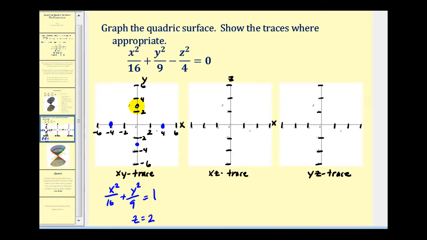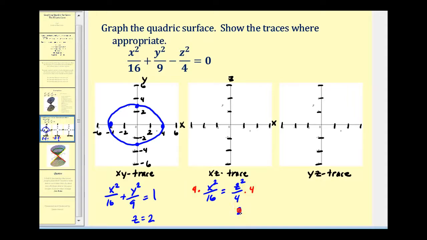To determine the xz trace, we'll set y equal to 0. So we'd have x squared over 16 plus 0 minus z squared over 4. I'm going to go ahead and move this to the right side of the equation, so we'll have equals z squared over 4. Now I'm going to go ahead and solve this equation for z squared by multiplying by 4 on both sides.